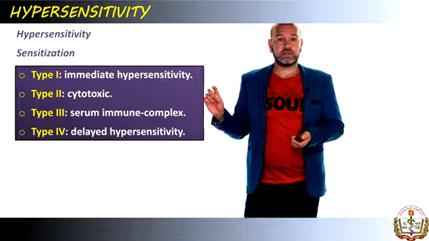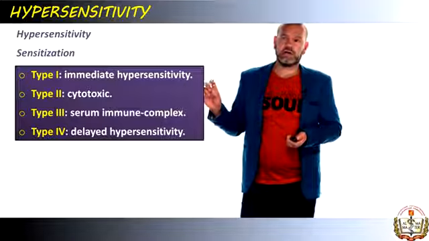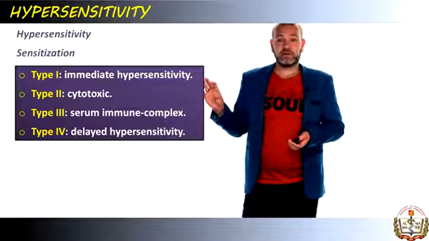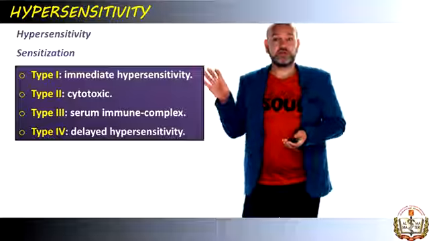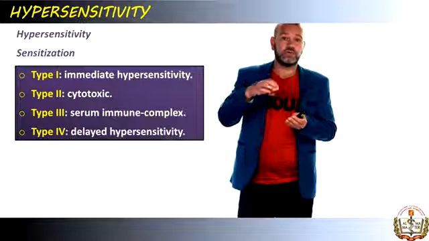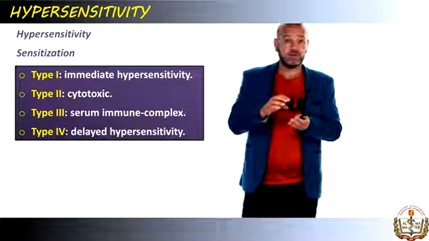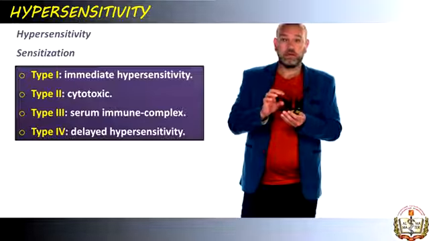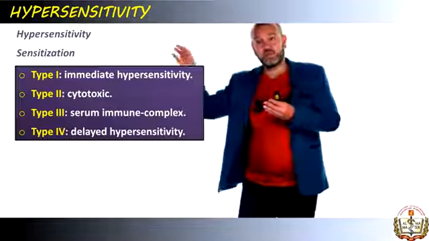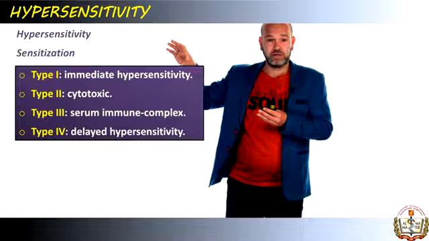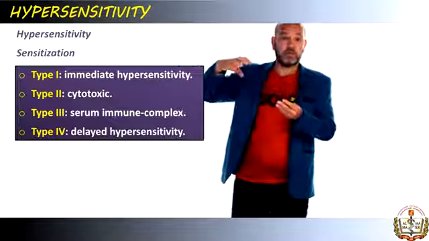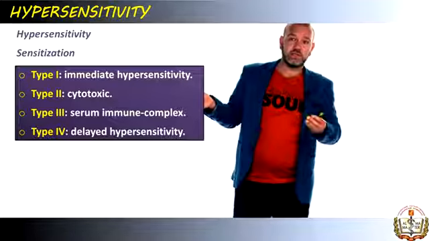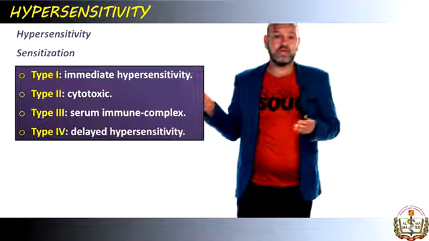Type 2, cytotoxic hypersensitivity. Cytotoxic: IgG or IgM antibodies bound to cell surface antigens on the cell, with subsequent complement fixation. Of course, complement is required. And here, as an example, we have drug-induced hemolytic anemia.